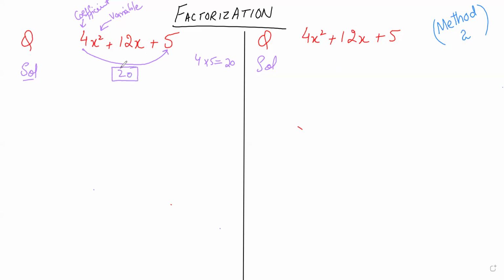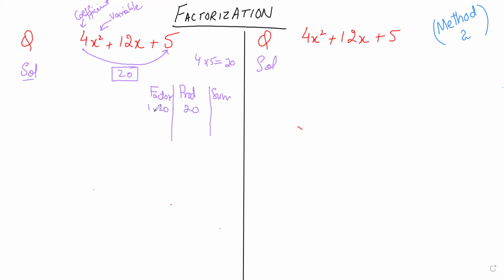Now, in order to find the factor of 20, we're going to write like this: factor, product, and sum. So we have to find the factor of 20. I have to think on which table or on which times I will be able to get that 20. So 1 times 20 is 20.